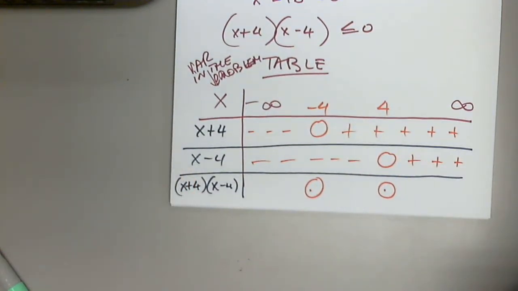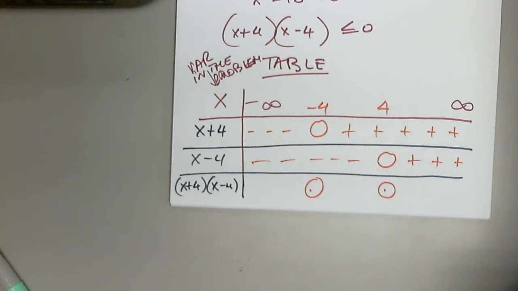Perfect. So now, I see 3 subintervals. 1, 2, 3. On the first subinterval, I multiply 2 negatives. I need the sign. On the next subinterval, the first quantity is positive, the second quantity is negative. I multiply them, the sign.